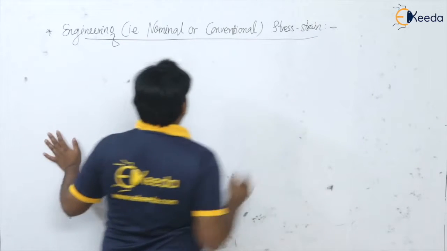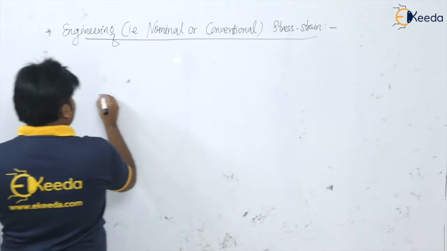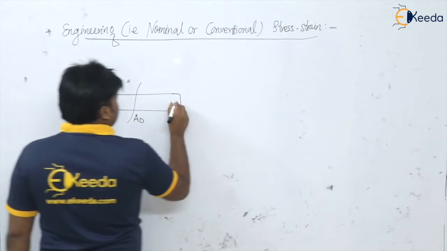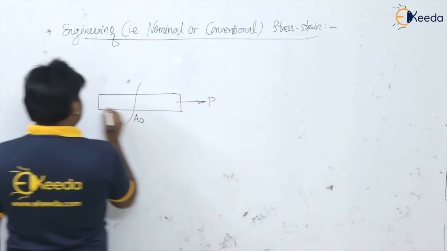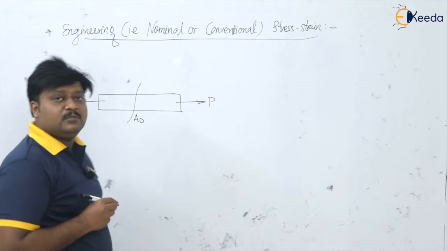Now see, in the tension test, this is our specimen with the original cross-sectional area A0, subjected to the tensile loading. P is the tensile load applied on this specimen.